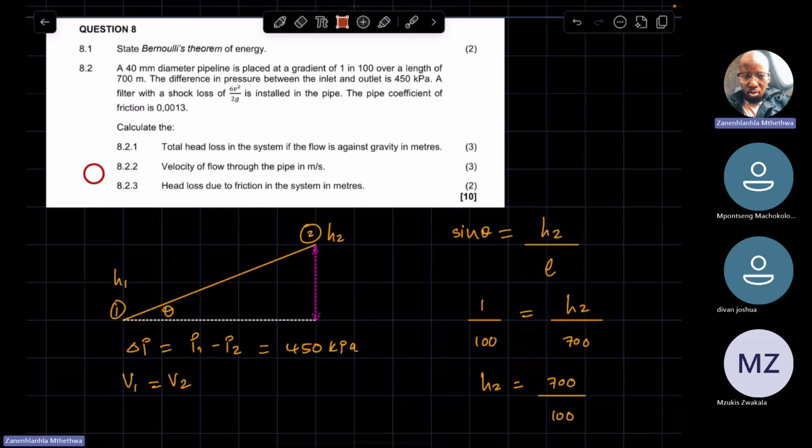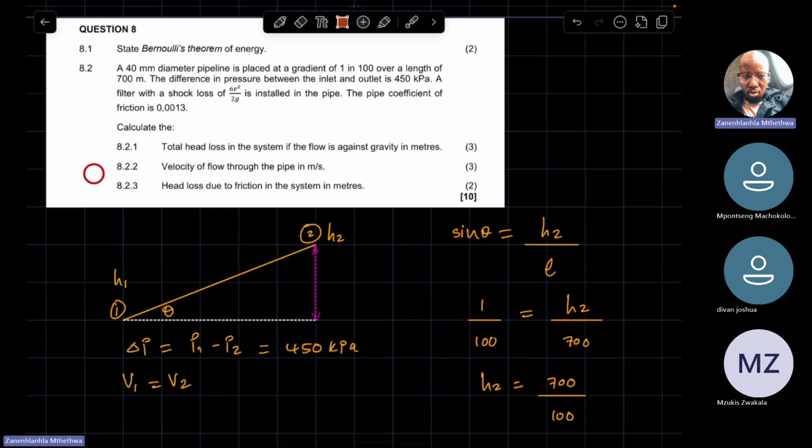The head loss. So, like I said, there's many ways in which we can express energy. You get energy per unit mass, energy per unit volume and energy per unit, what's the other one? Okay, I forgot the other one. But there's three ways in which we can express the energies in Bernoulli's equation or in Bernoulli's theorem.